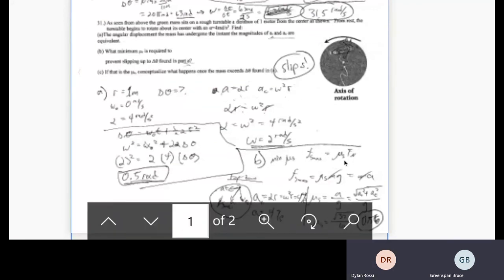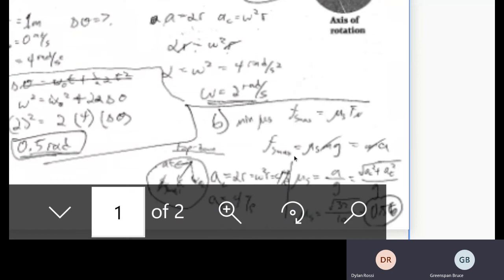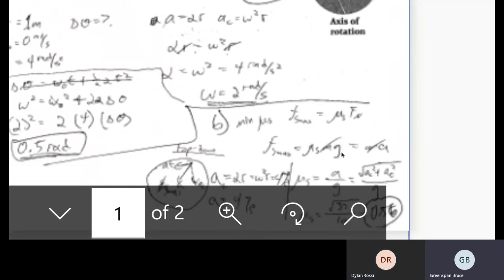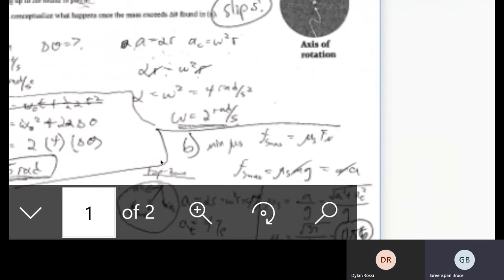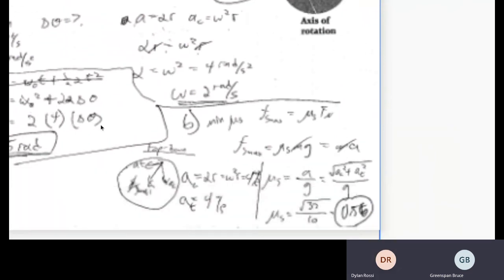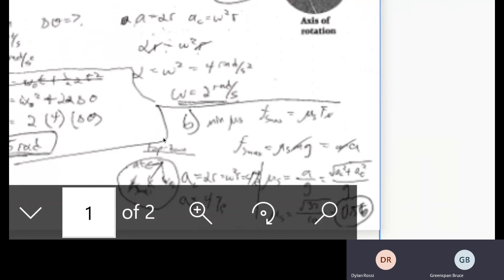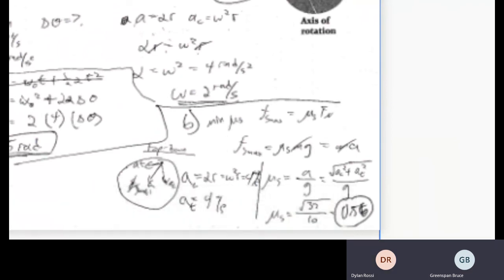All right. So look what I did here. Fs max is mu S F N. Sure. And then, oh, okay. Here's the tricky part. We haven't done this in class because it's accelerating in two directions. I mean, it's one direction. It's accelerating, but there's two types of acceleration: changing your speed and changing your direction.